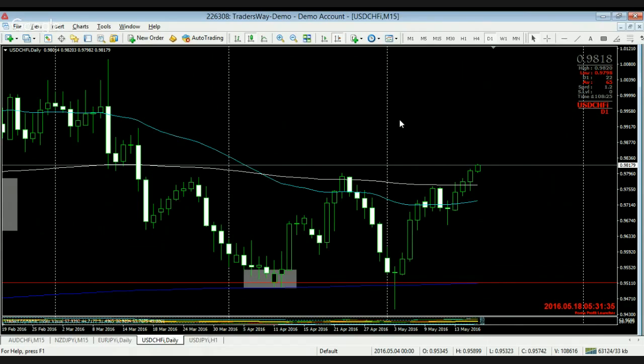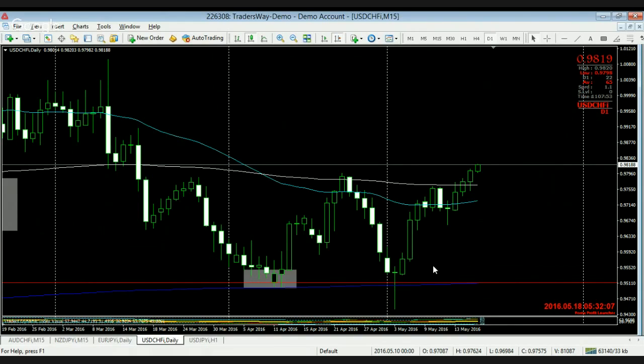Second thing on the checklist, wait for price to come back and retest the horizontal line. So this would be the retest right here.